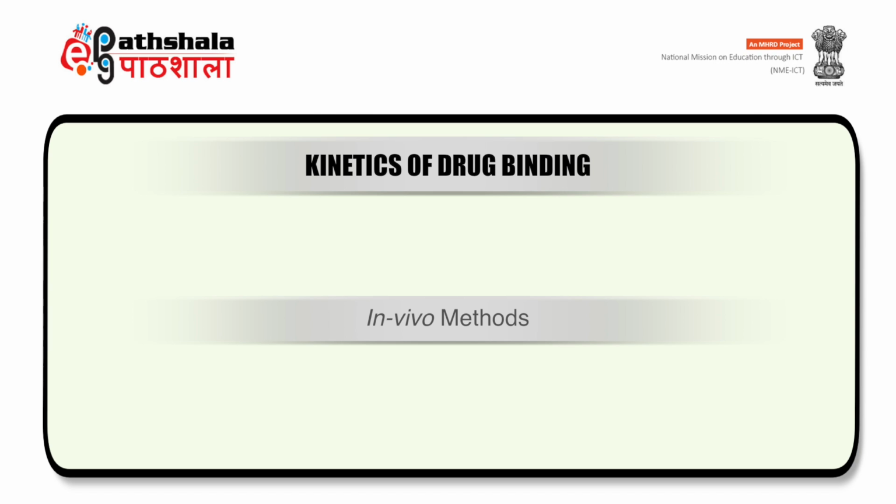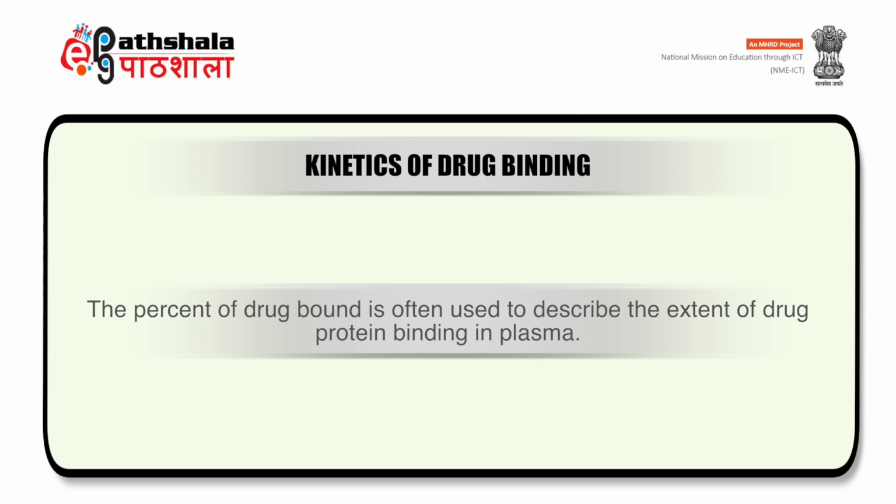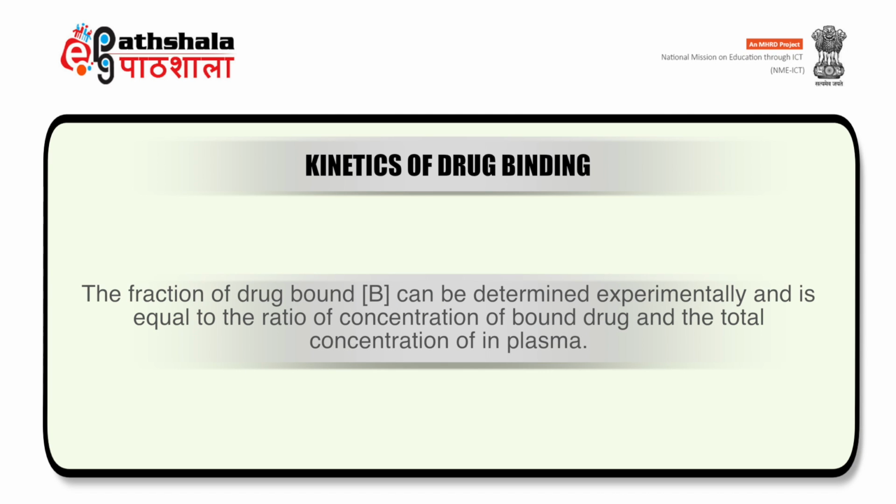Besides the various in vitro methods, in vivo methods are also used. The percent of drug bound is often used to describe the extent of drug protein binding in plasma. The fraction of the drug bound can be determined experimentally and is equal to the ratio of the concentration of the bound drug and the total concentration in plasma.